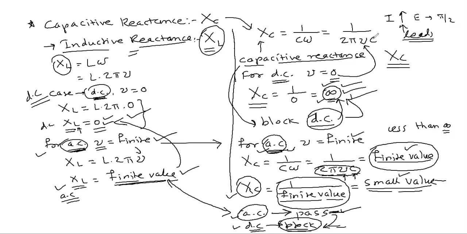Current leads the EMF in case of a purely capacitive circuit. In case of the inductive circuit, in case of L, the current lags behind the EMF by pi by 2, and in case of the purely resistive circuit, the EMF and current are in the same phase.